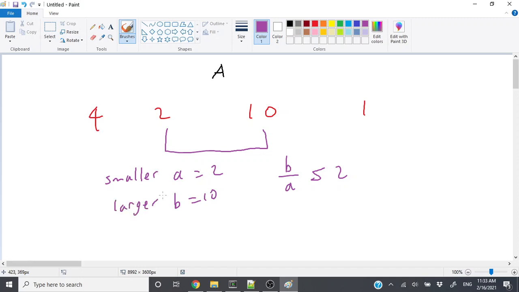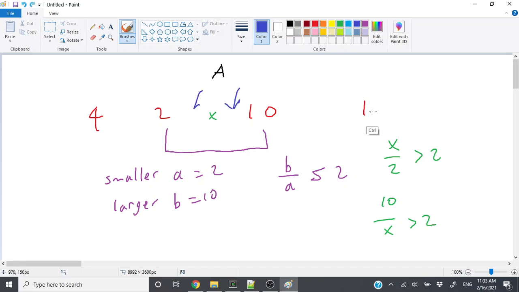And all we can do is insert elements in between. So say we insert some element, let it be x. Then if x over 2 is greater than 2 and 10 over x is greater than 2, then inserting x is just not that helpful, because it forces us to do even more moves in the future.